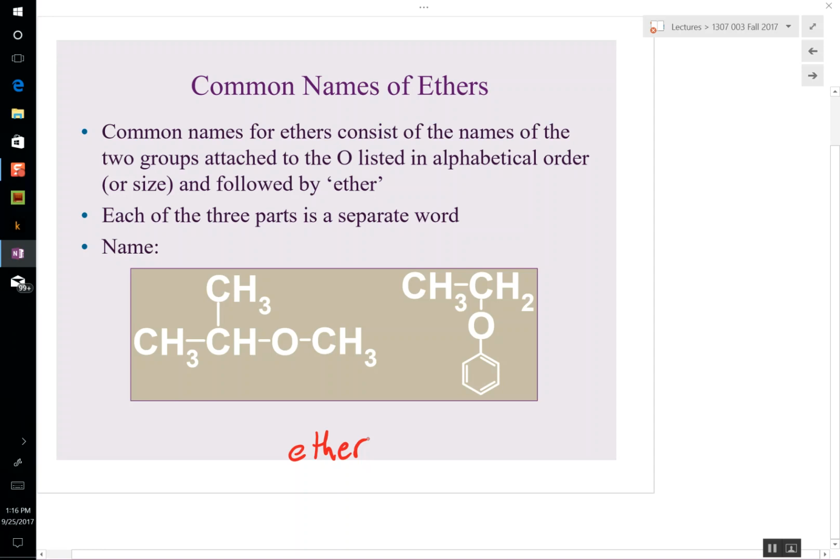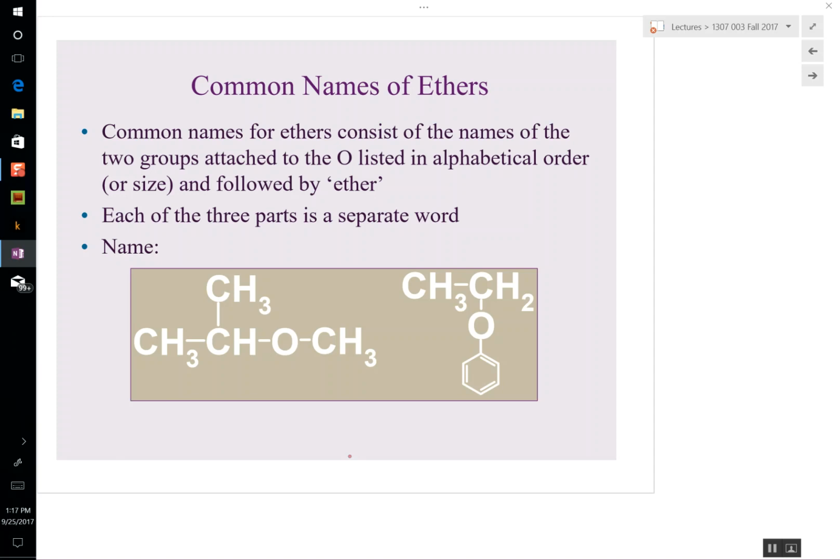Josiah? Methyl. We got a methyl. What else do we have? What's this one? Isopropyl. That's an isopropyl. So we could call this isopropyl. Matter of fact, I think the names are here. What about this one? So this is isopropyl methyl ether. What about this one?